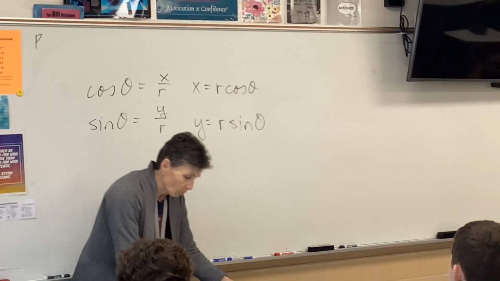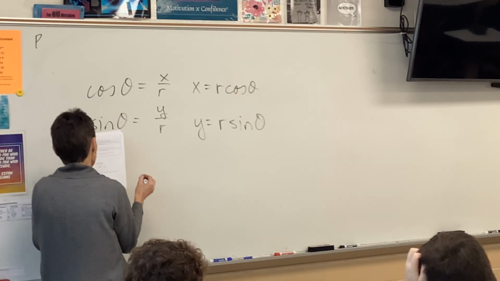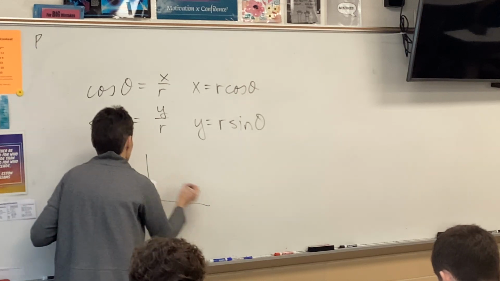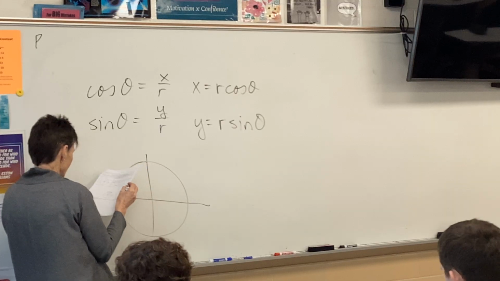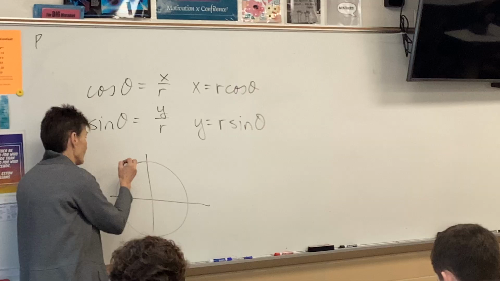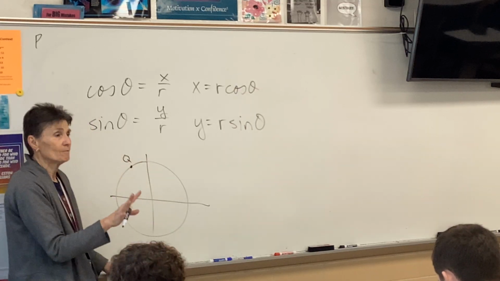Okay, so when I look at example 1, and it says we got this triangle PQO, here's my circle, and I'm talking about point Q now. Don't let all that stuff confuse you.